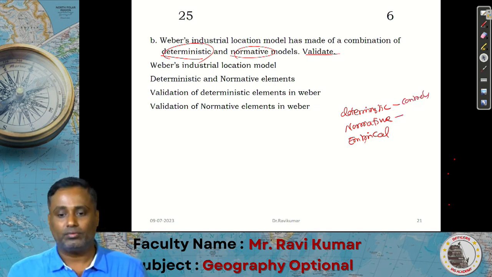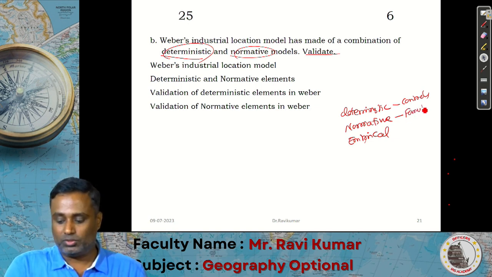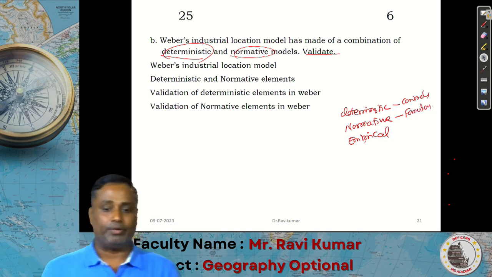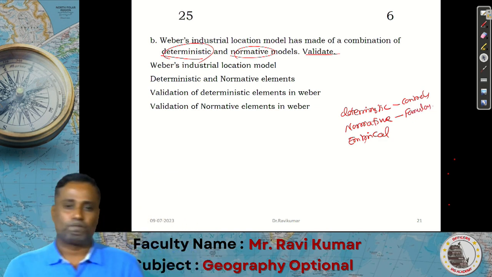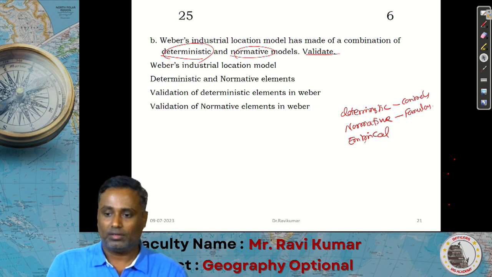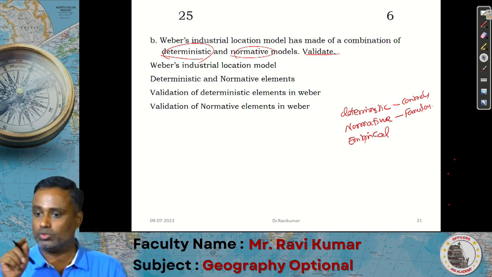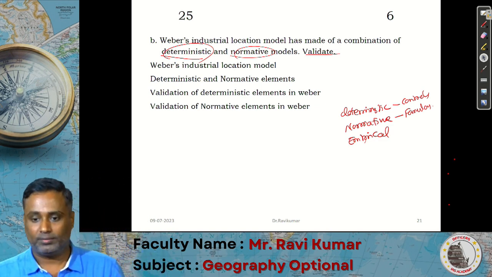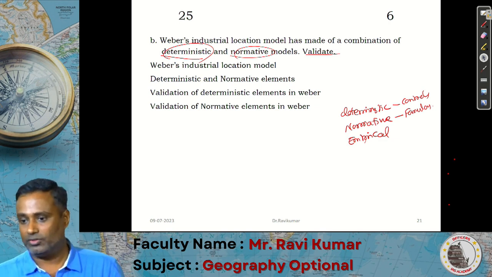Normative means using facts, figures and formulas to arrive at a conclusion. Von Thunen used the idea of locational rent and drew a graph. He used some calculation and a formula. That is normative ideology.